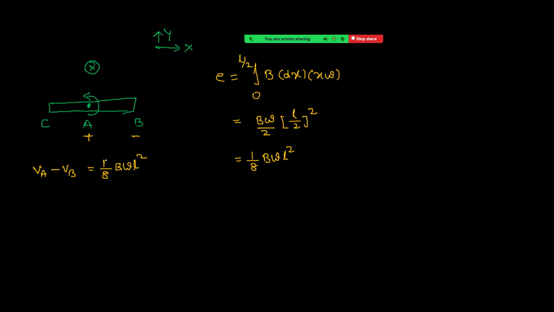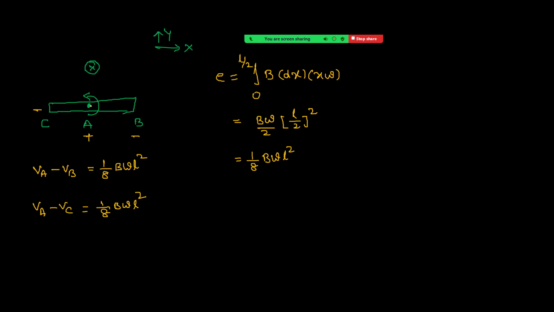In the same way, if you want to find the EMF induced across AC, again same logic, VA minus VC is equal to 1 by 8 B omega L square, right? Because here again C becomes negative.